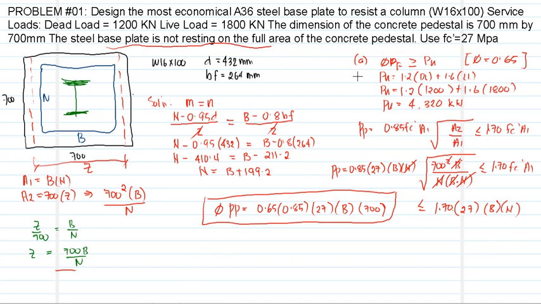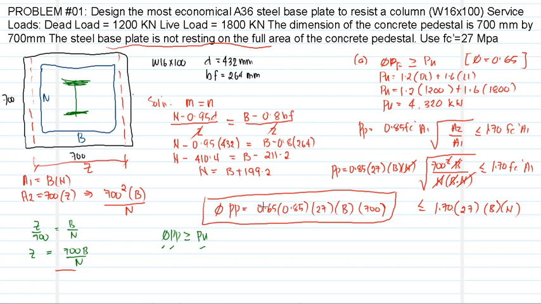Okay? So, in this equation, that is phi PP. So, the equation to solve for phi PP should be greater than or equal to PU. So, we have PU, we have PP in terms of B, and we have phi.